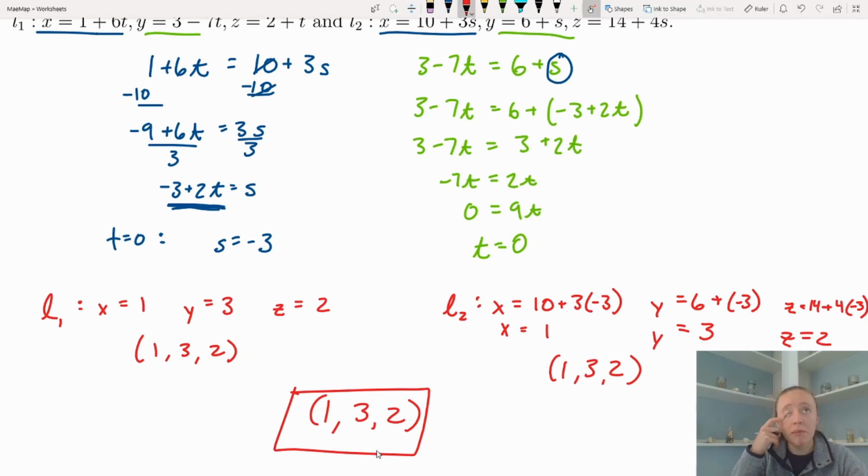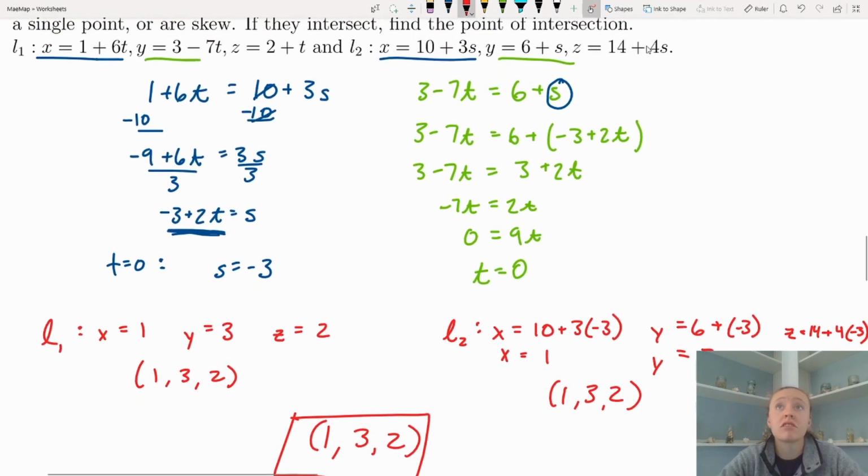Now, remember when we mentioned skew? All that would have had to happen was this equation, 14 plus 4s. What if I would have made this a 10 plus 4s? And let me write this in a different color.